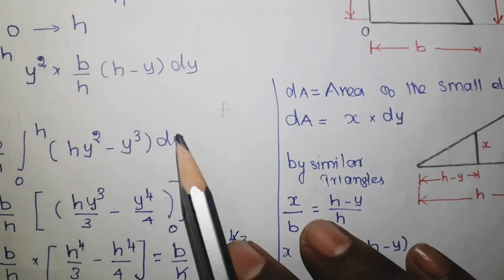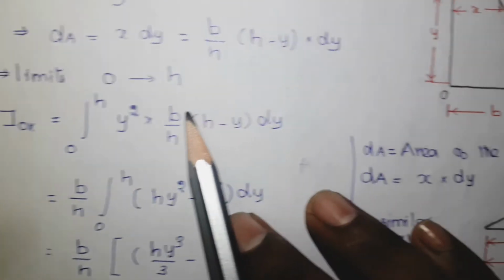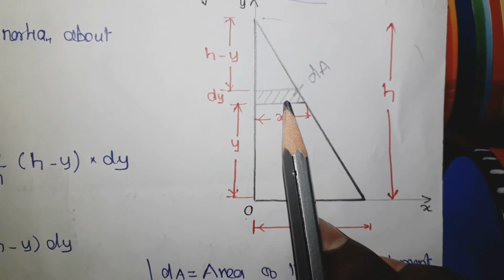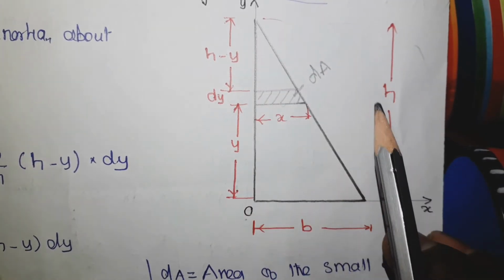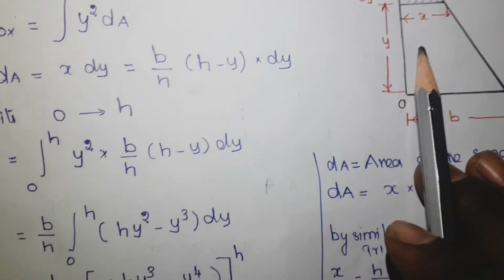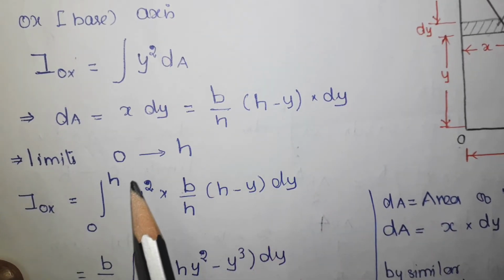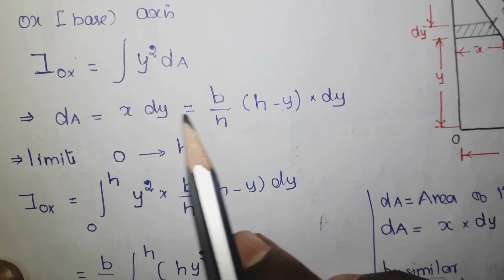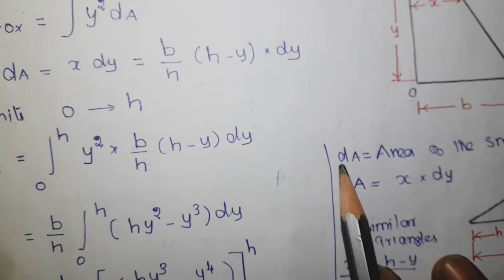Now I am going to substitute this into the equation, and you know the limits. The area varies from the lower limit 0 to the upper limit h. If you substitute these into the equation, the integral from 0 to h of x dy, in place of x you substitute b by h into h minus y.